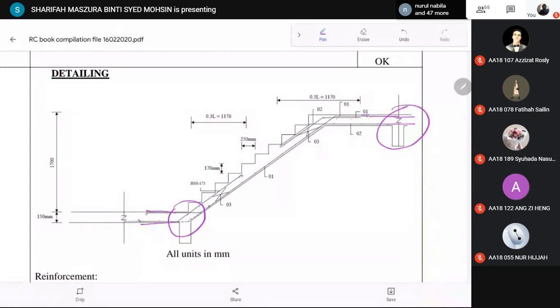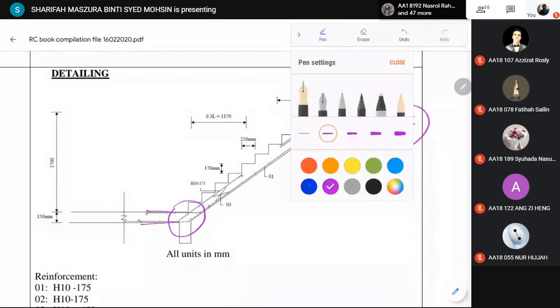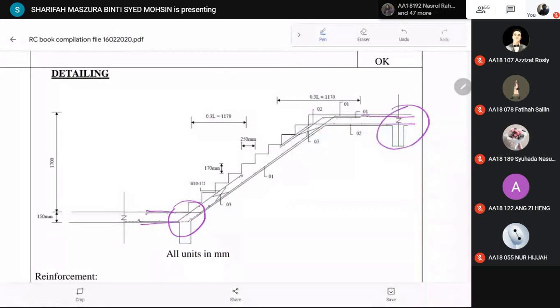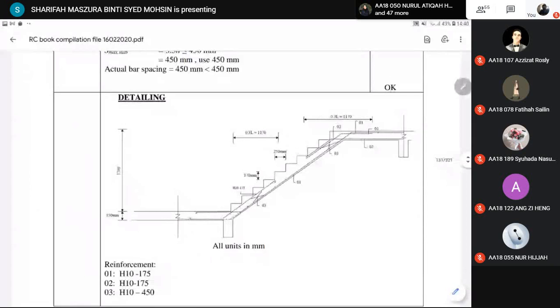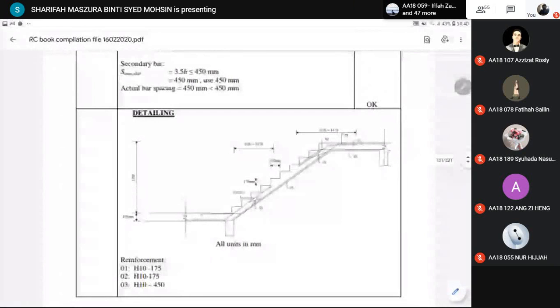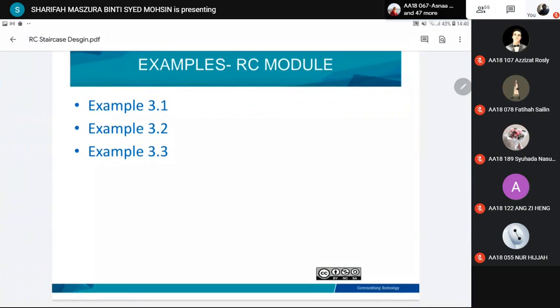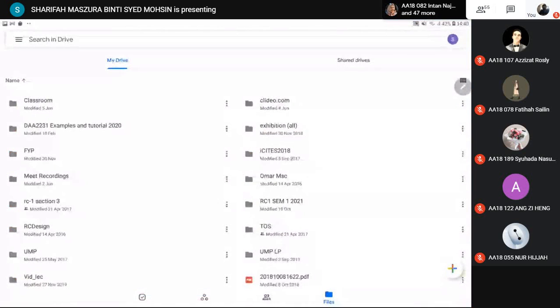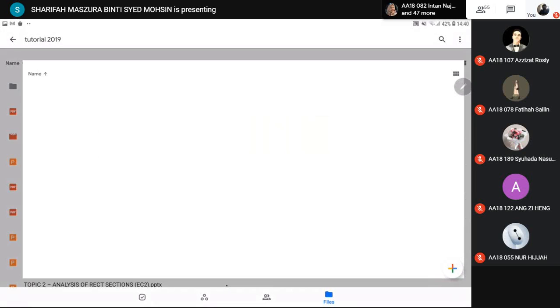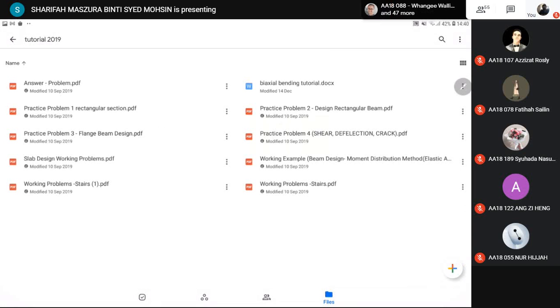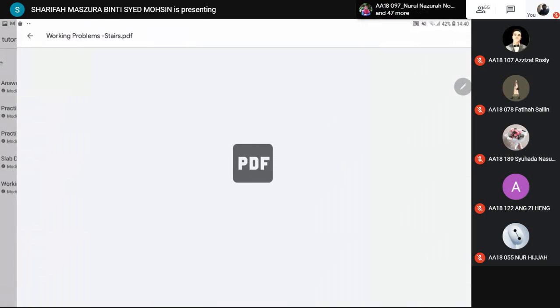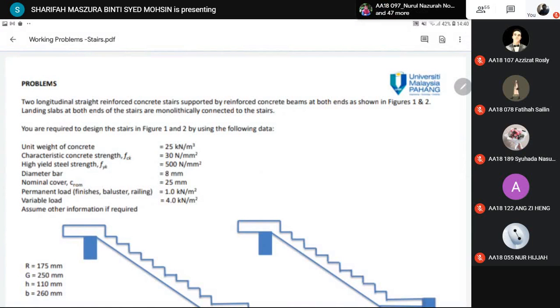Anything that you would like to ask regarding the first example? If there is no question, let's try one problem here as our tutorial.